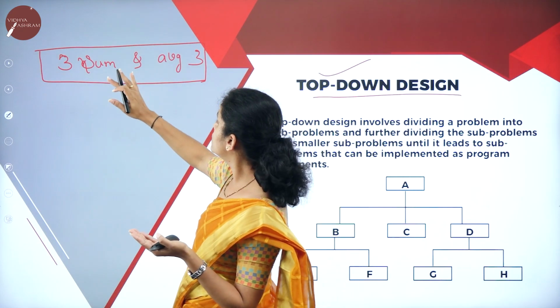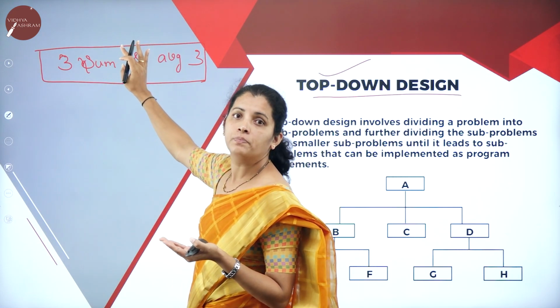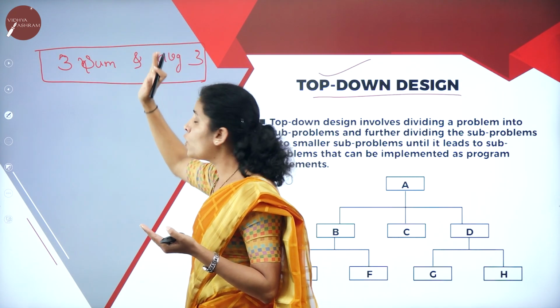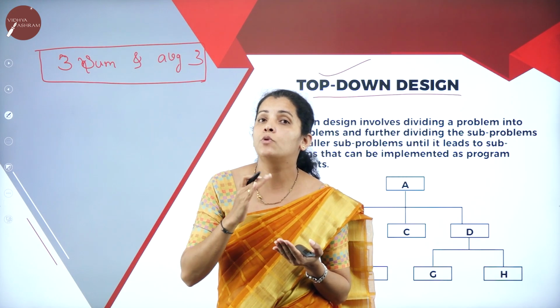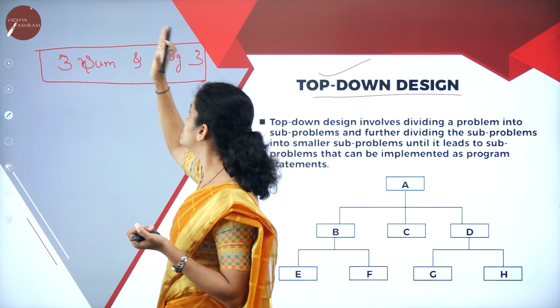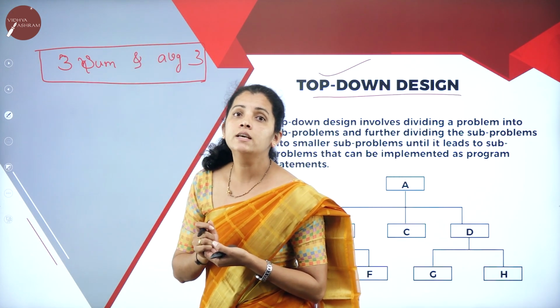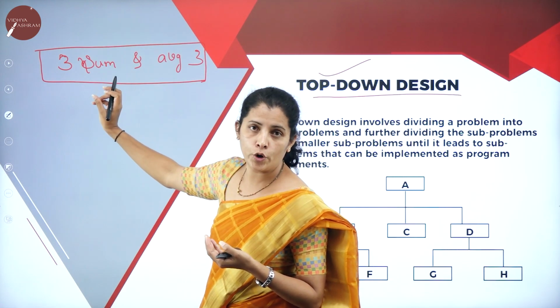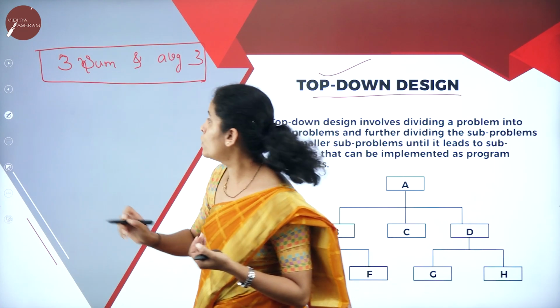Think that this is your complex problem. Now what am I going to do? I'm going to divide this problem into smaller pieces, into three smaller pieces. That means I'm going to create three modules or three sub-programs.